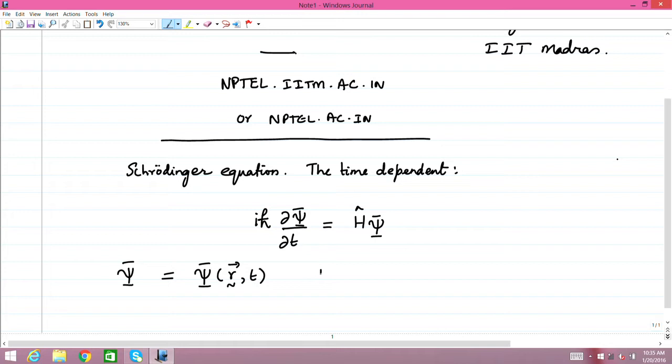However, if H is independent of time, then the equation i h bar ∂Ψ/∂t = HΨ can be reduced to a simpler time independent equation, H psi is equal to E psi.